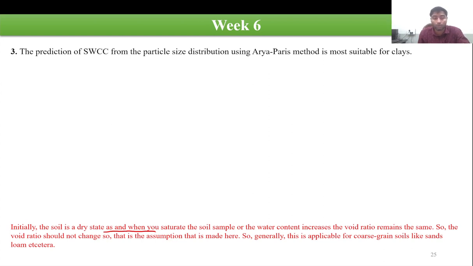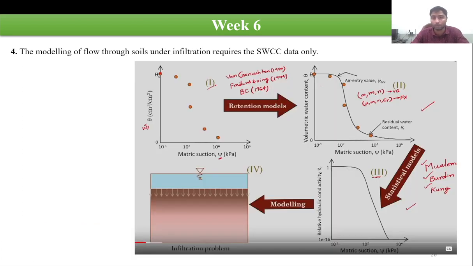So the void ratio should not change. Okay. So that is the assumption made in the RFRS method. So generally, this is applicable for coarse-grained soil like sandy loam, etc. So this method is mostly suitable for coarse-grained soil. Okay. So not most suitable for clays. It can be used for clays, but it is not most suitable.